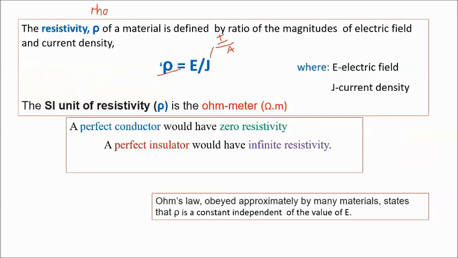Now different materials have different resistivities. This is the ability to oppose the flow of charges in a circuit.